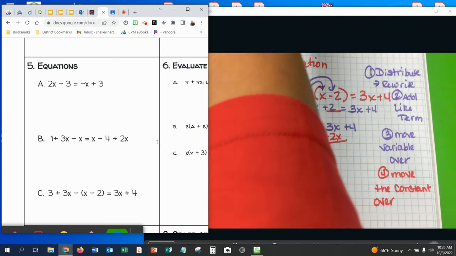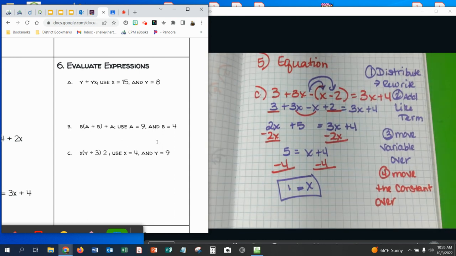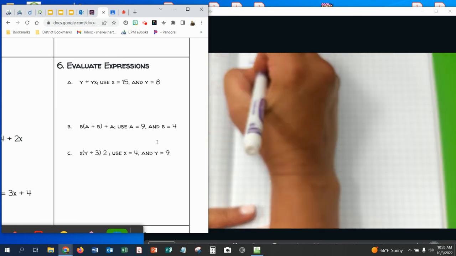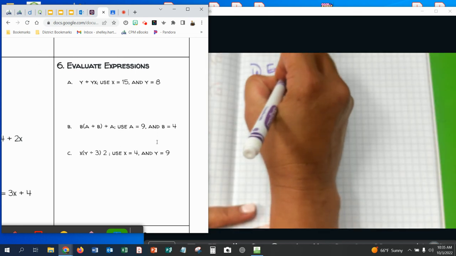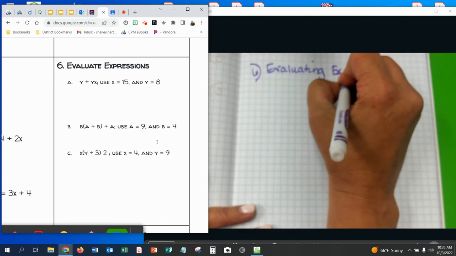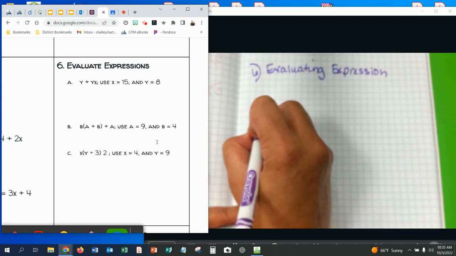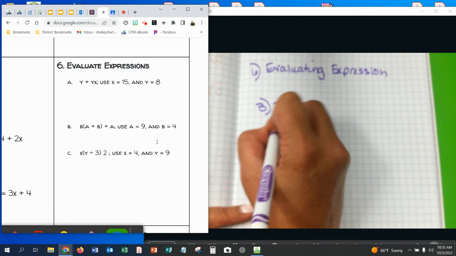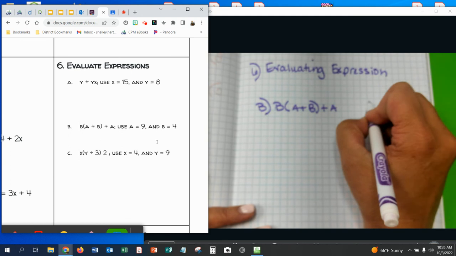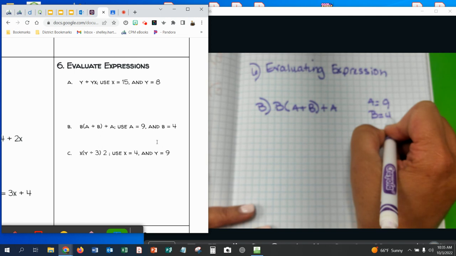Okay, let's do 6 really quick, and then I'll let you guys just do your own. On 6, we are evaluating expressions by plugging it in. If we go to B, look, we've got B times (A plus B) plus A. A is going to equal 9 and B equals 4.